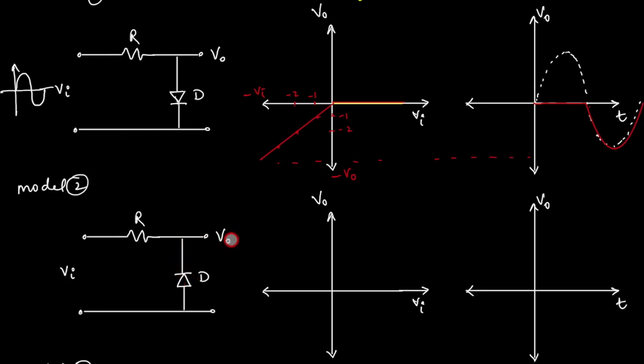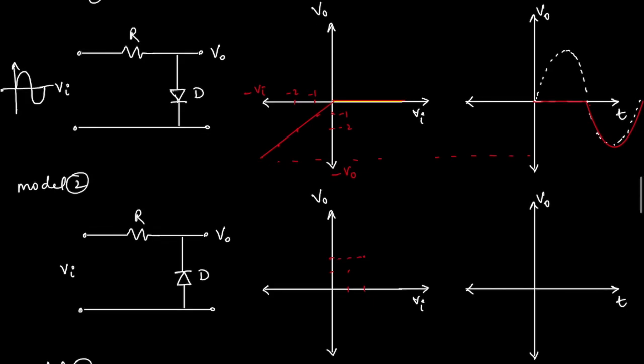For positive input, you get positive output. For 3 volt input we get 3 volt output, for 1 volt input we get 1 volt output, and so on. From 0 to all continuous values we get a slope like this.